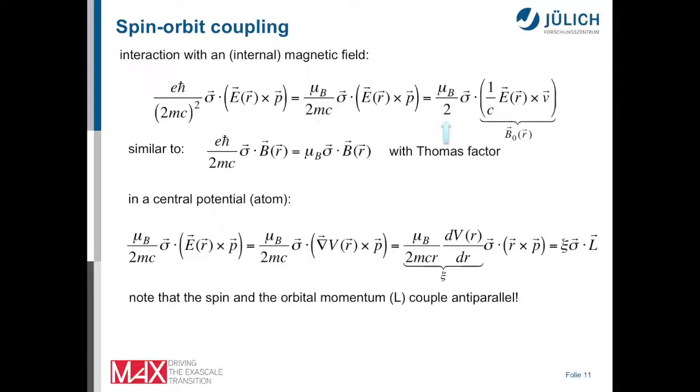And you see that this also gives now a source for an orbital momentum in a solid, because it's a term which somehow motivates the system to have a finite orbital momentum and to couple to the spin here.